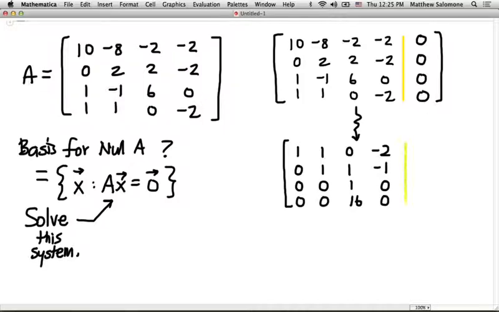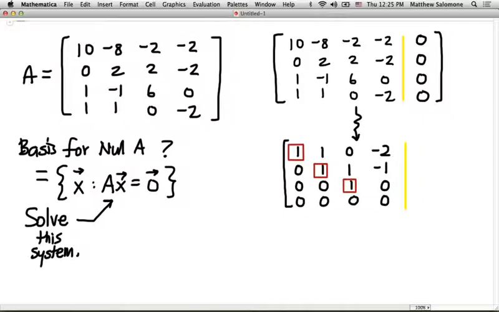And then I would say we could actually do one more row operation. Let's subtract 16 times row 3 from row 4, and it'll zero out that one right there. Because again, we couldn't say that that 1 is a pivot unless it had only a 0 underneath it. So here was the row echelon form of your matrix when you row reduced it.